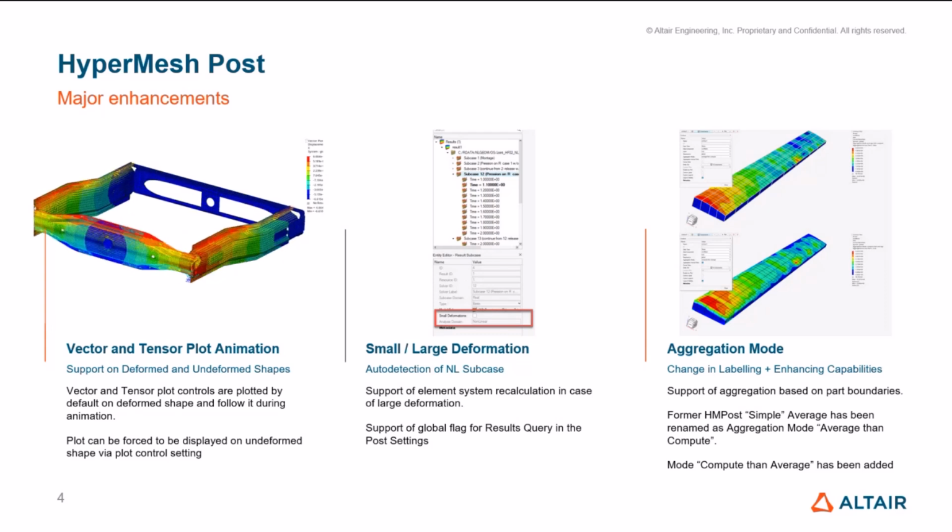We made a decision to change the tag from averaging to aggregation mode, meaning that we now have an aggregation mode, for example summations or extremes and so on. Most important, we changed what in HyperMesh Post was called simple average to an aggregation mode which is now called average then compute. And we also added the possibility to evaluate the other methodology, which is compute then average.